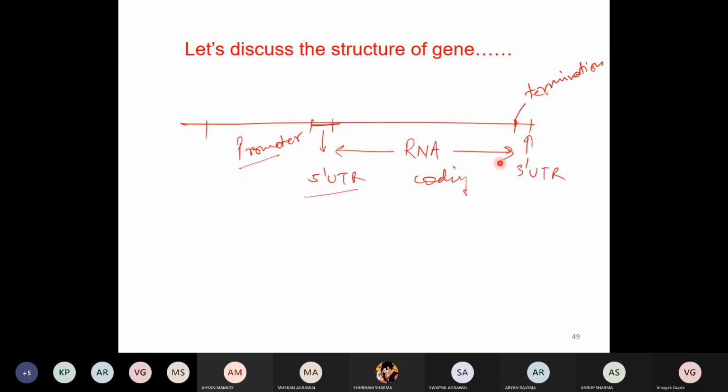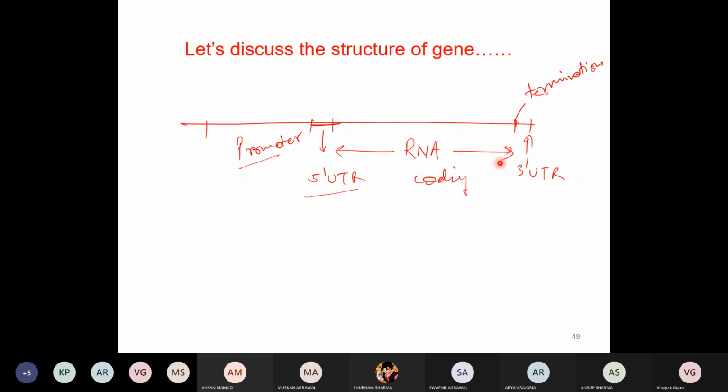Let's see, first of all, what is the meaning of these terms? Promoter region. Promoter is the site on the DNA which is recognized by the transcriptional machinery of the cell.